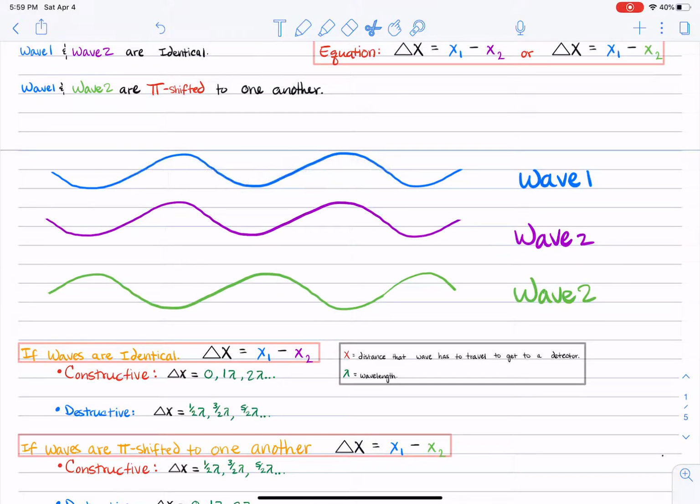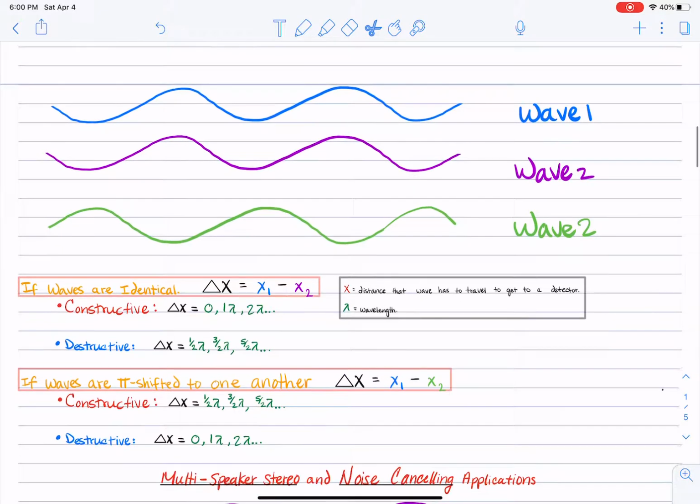So if waves are identical, we get constructive interference anytime the change in x is a full integer number of wavelengths: 0, 1, 2, etc. We get destructive interference anytime the change in x is a half of a wavelength. That's a rule of thumb for identical waves.